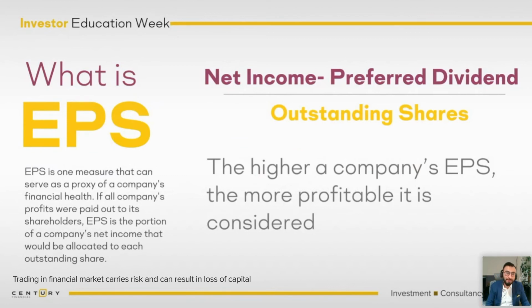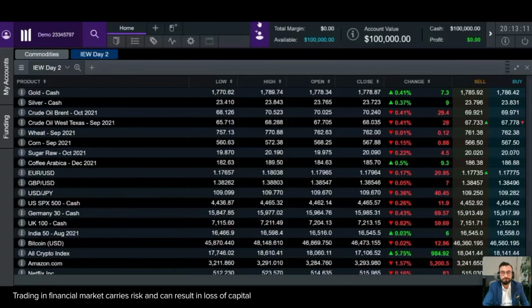Now, that being said, when we are talking about earnings, important thing, some people ask me a question, switching here to the platform. I want to show you something here. Okay. If market is driven by sentiments, now I'm going to answer more and more questions I can before you guys leave.